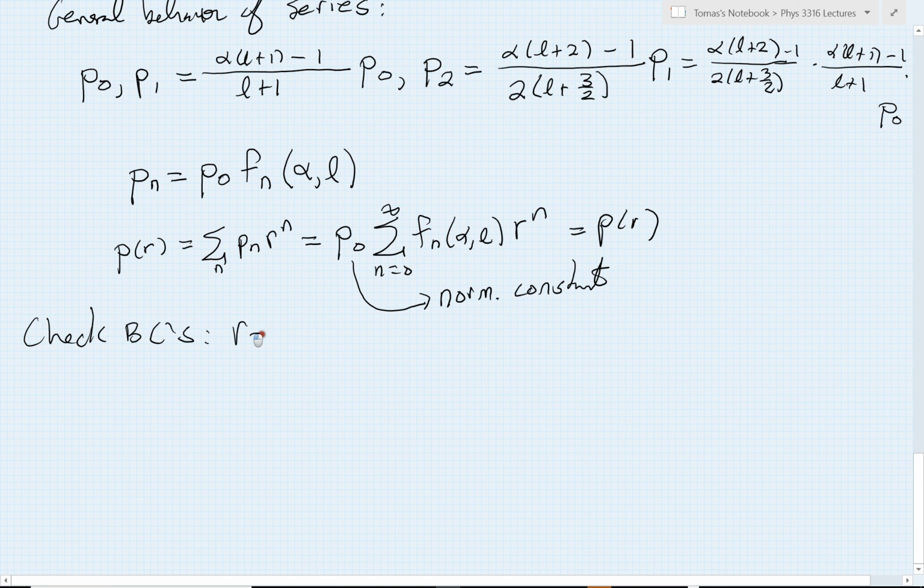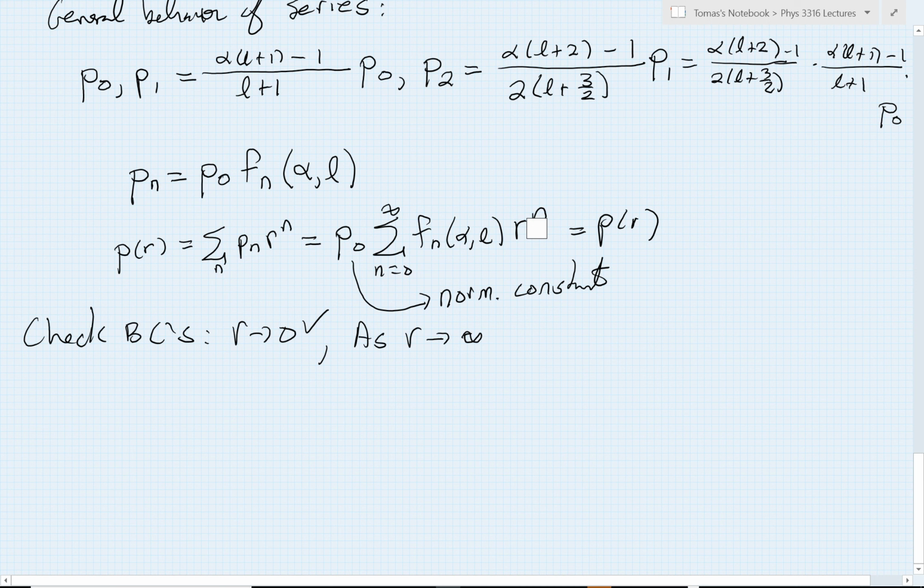When r goes to 0, we've already satisfied that. But we have to investigate what happens as r goes to infinity. Now, looking at the form of our infinite series, as r heads towards infinity, I hope you can see that the terms that are by far the most important are the very large powers of r.